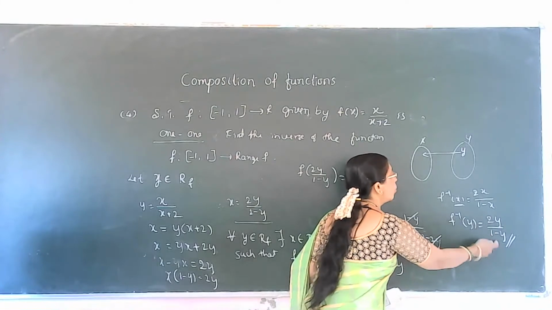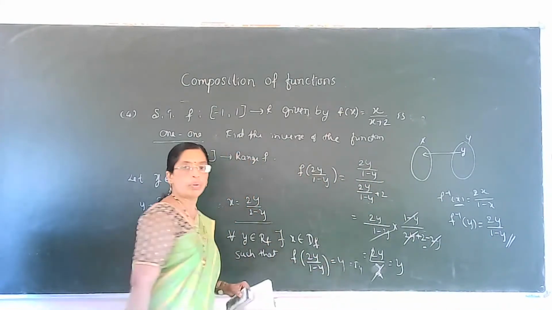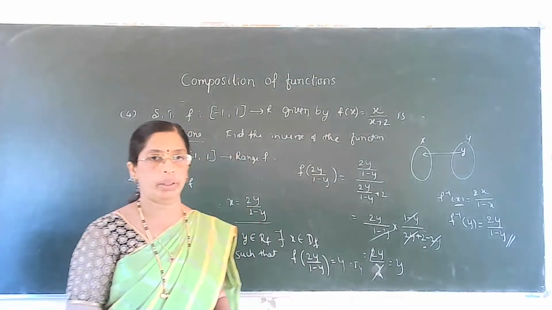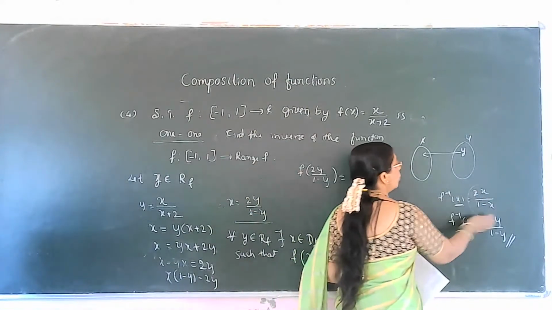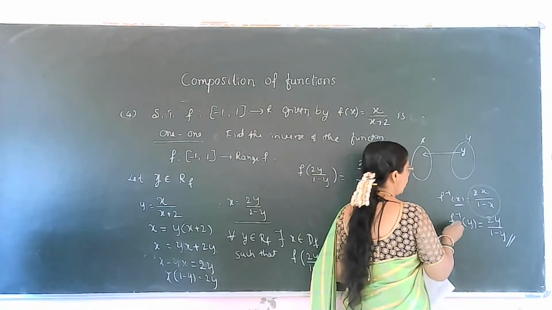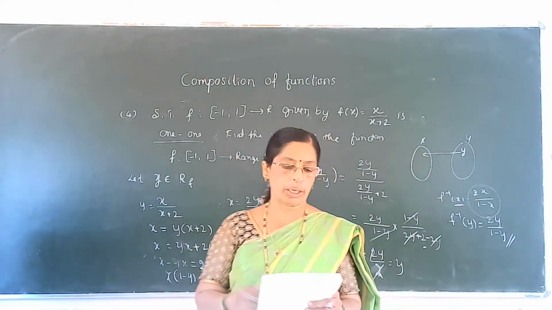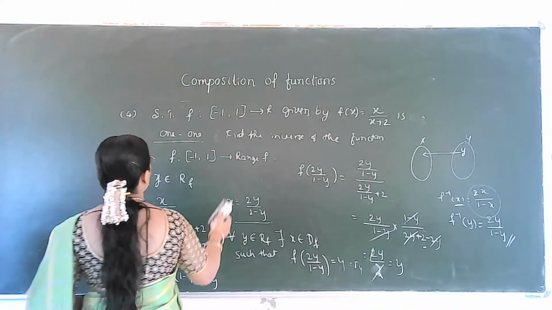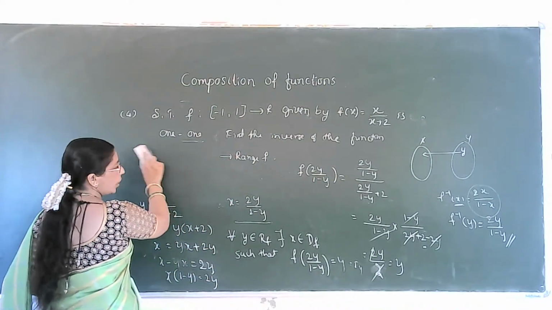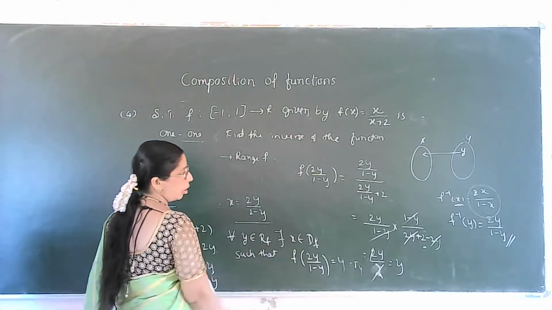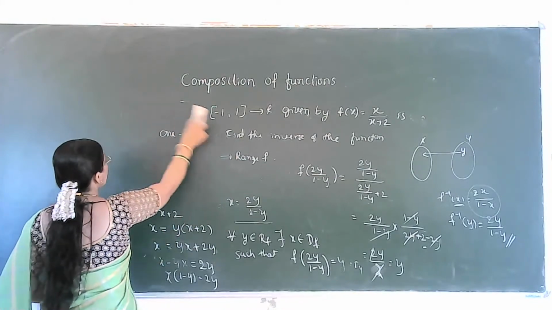If you write y, you have to write y, because the images and pre-images are with respect to them. If we put x, we get 2x divided by 1 minus x. If you put y, you get 2y divided by 1 minus y. The function is one-one and onto, and the inverse is f inverse of y equal to 2y divided by 1 minus y.